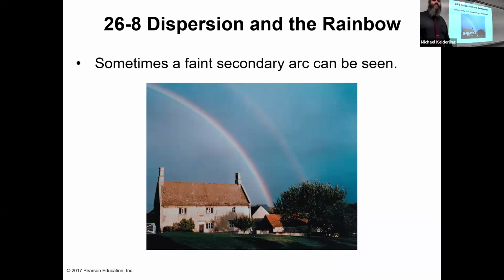But the double rainbow actually comes from more reflections inside the raindrop. So the standard rainbow you see is one reflection. The second rainbow is 2, because 2 reflections goes out the other side. So you'd have to be looking the other direction to see it.